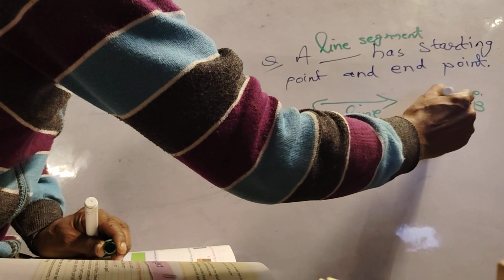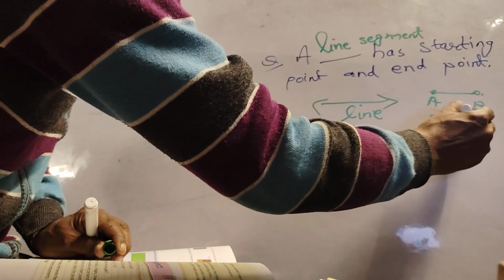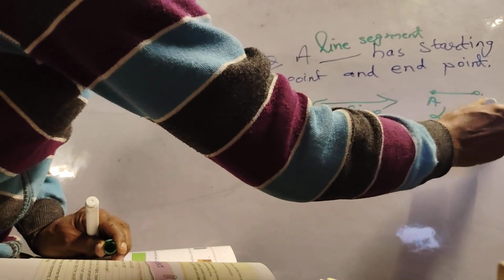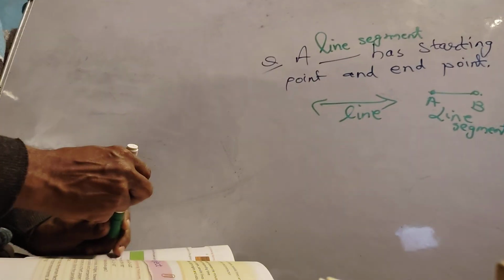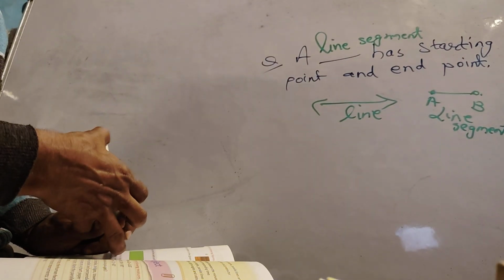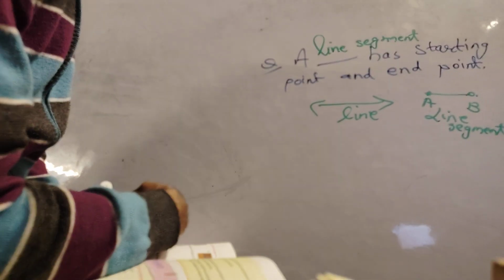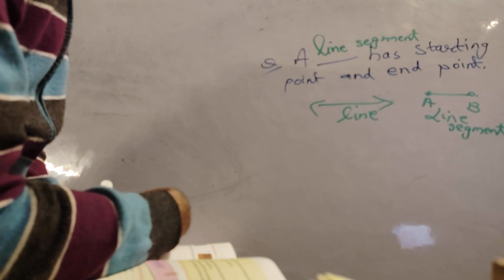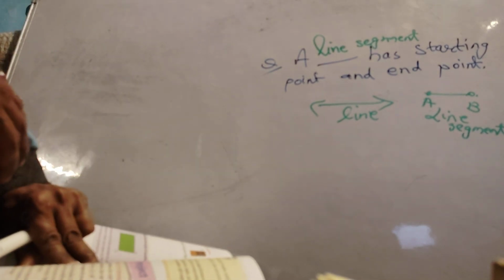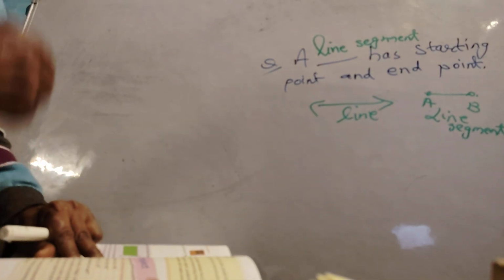Isn't line segment also used for fractions, like the fraction line? A line segment is a fraction of a line, and we draw a line segment using a ruler, 3 centimeters, 5 centimeters. So a line segment has a starting point and an ending point.